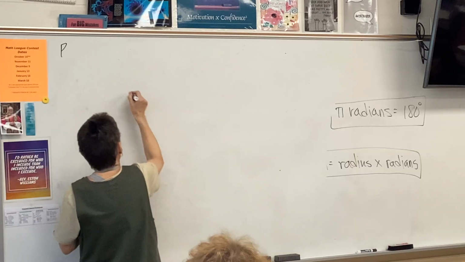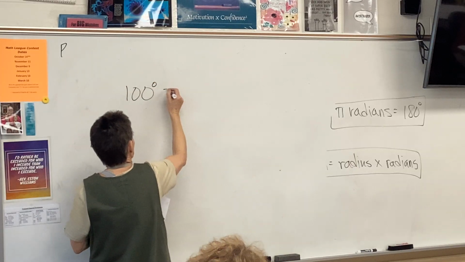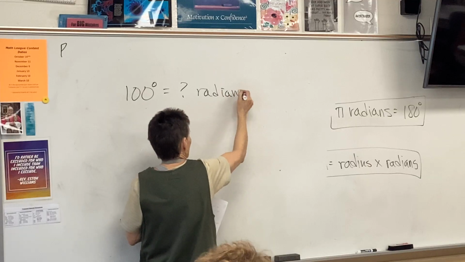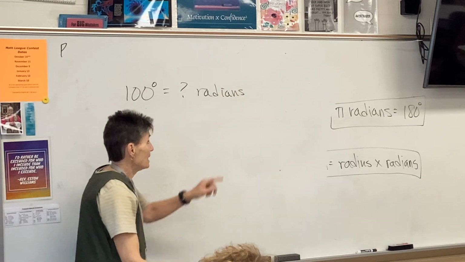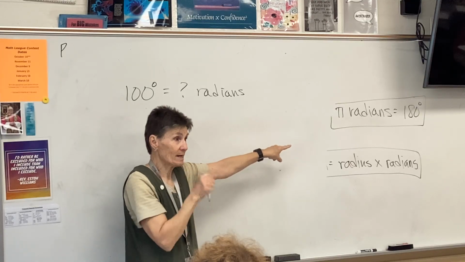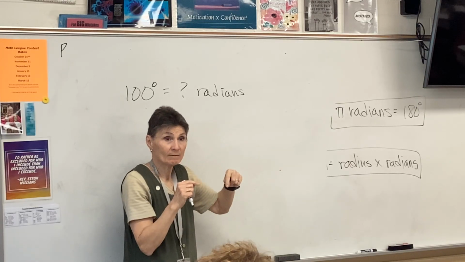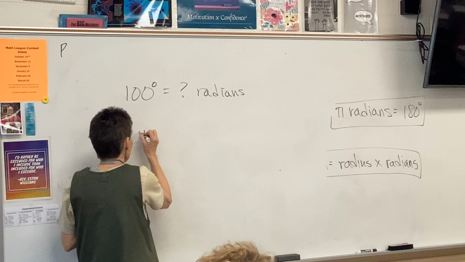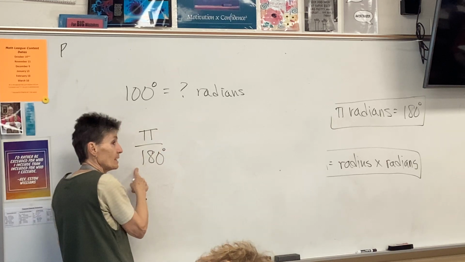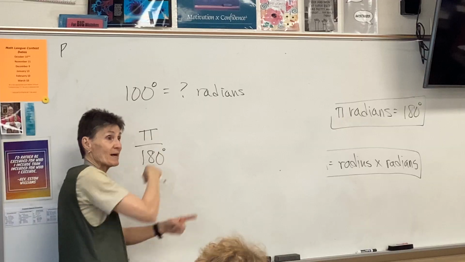All right, so 100 degrees is how many radians? This is the question that we are being asked. Now, what does that say right there? Pi radians is 180. So if I build this fraction, pi radians, 180 degrees, those are the same. That's like one.